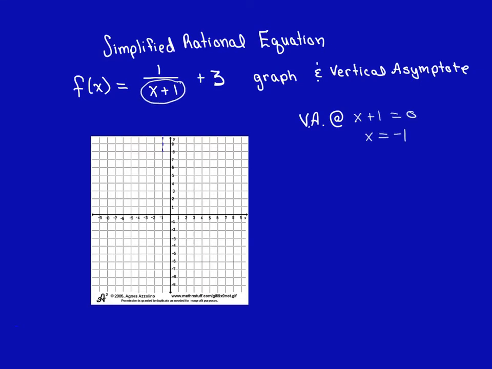So we would graph that line right there. And then the horizontal asymptote, because this is a rational function, is anything that's being added to the fraction. And so we would graph the line y equals 3. And then to graph a rational function, basically it looks like two curves where you're going to go like this, since this is a positive rational function because the fraction is positive.